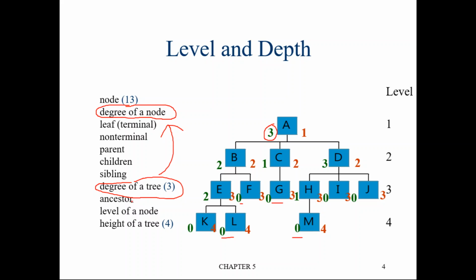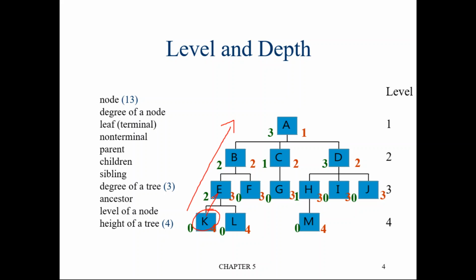Right. Fine. What is an ancestor? The nodes which come in the path to the root node, when you travel upwards through the tree, are called ancestors. For example, if you take K, E is an ancestor of K, B is also an ancestor of K, and A is also an ancestor of K. If you take L, again E is an ancestor, B is an ancestor, and A is an ancestor.